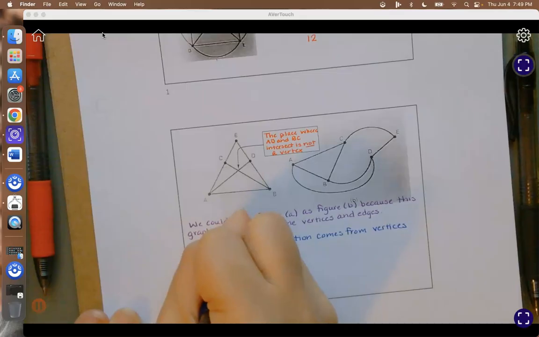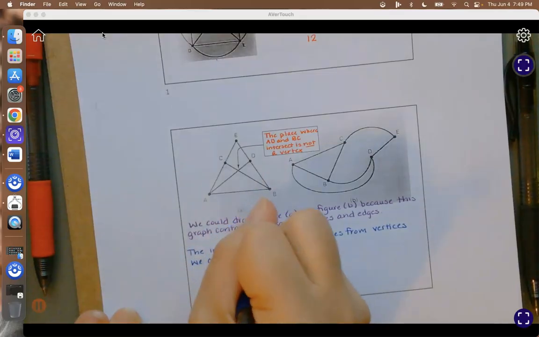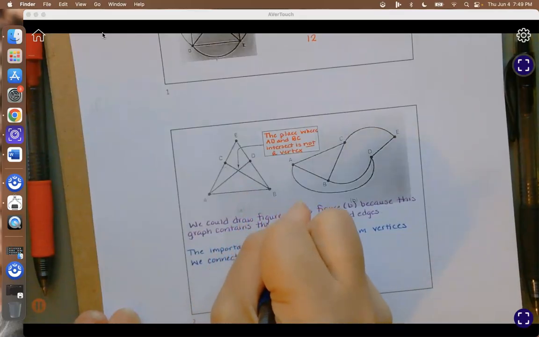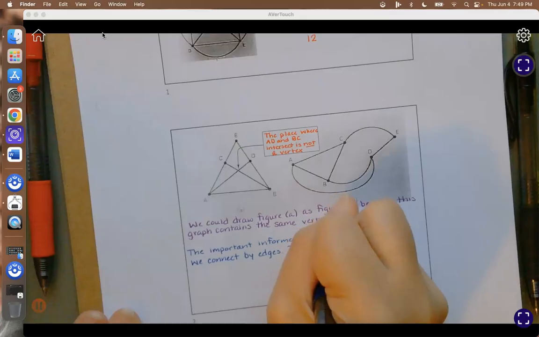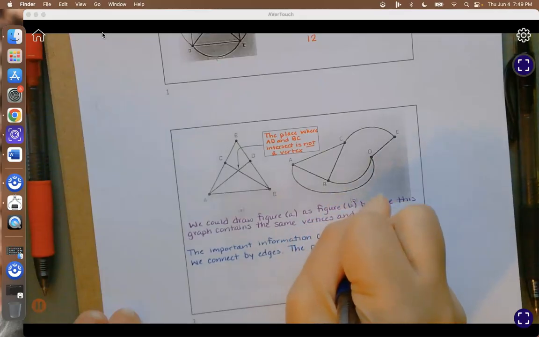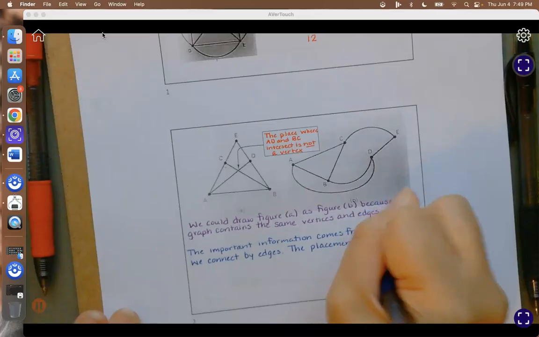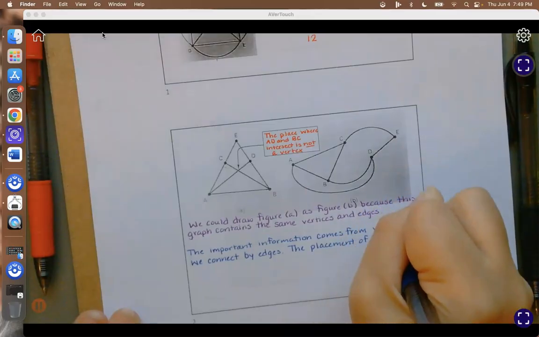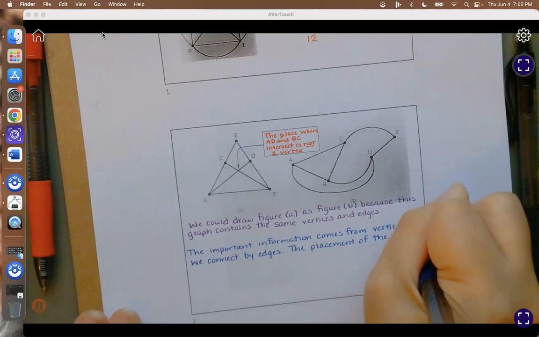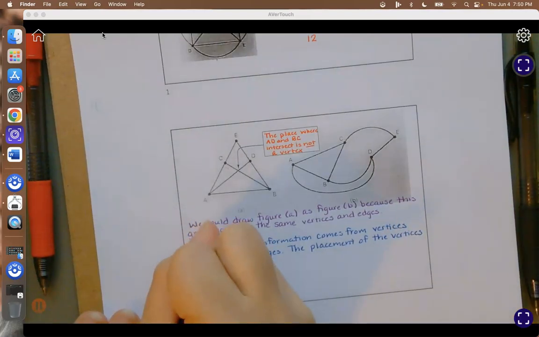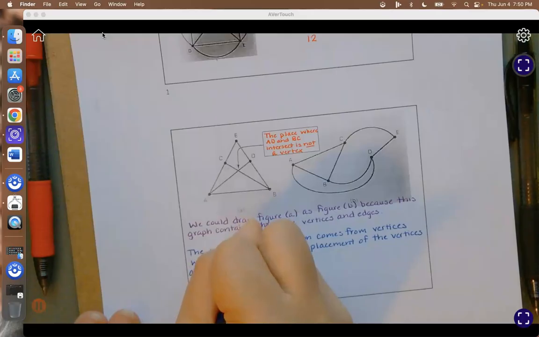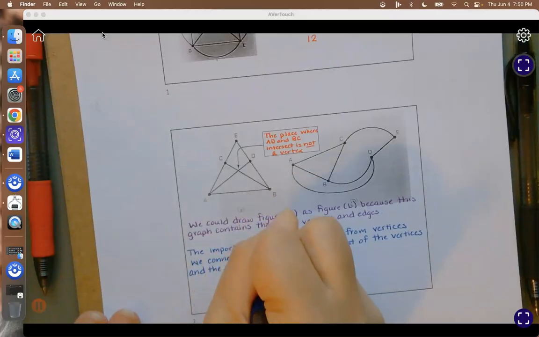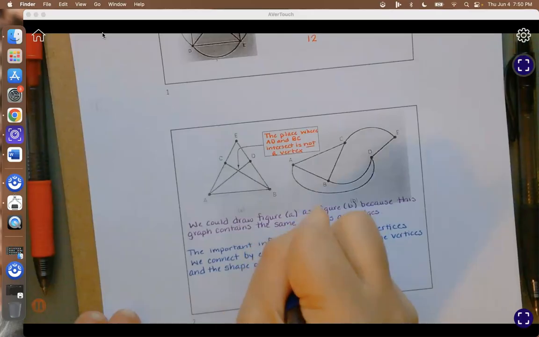Okay, but figure B looks awkward. So it's best to redraw it and present the information more clearly. Hang on a minute.